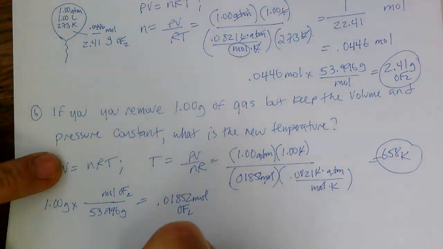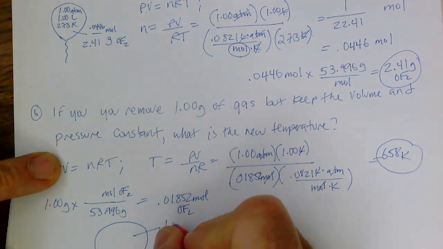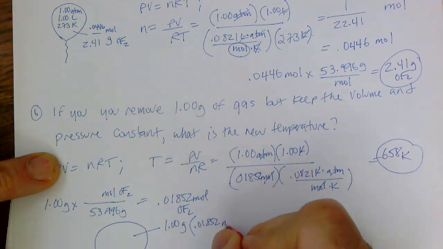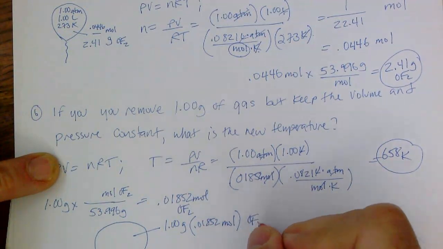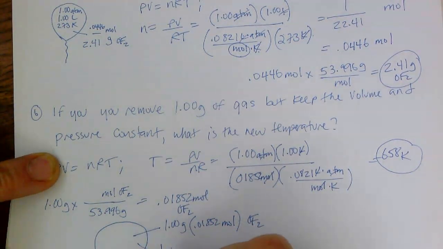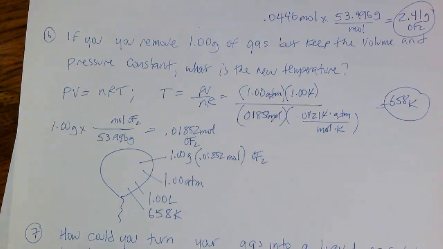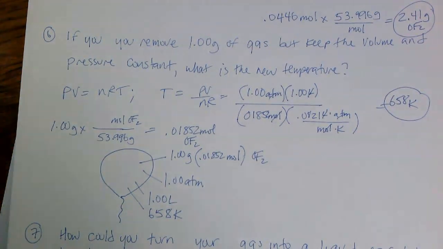So now we have a balloon, drawing it, that is simply 1.0 grams or 0.01852 moles of OF2 at 1 atmosphere, and it's 1 liter. And I think that's everything. Yeah, the temperature, it's pretty hot, 658 Kelvin. And that is the answer to question number 6.